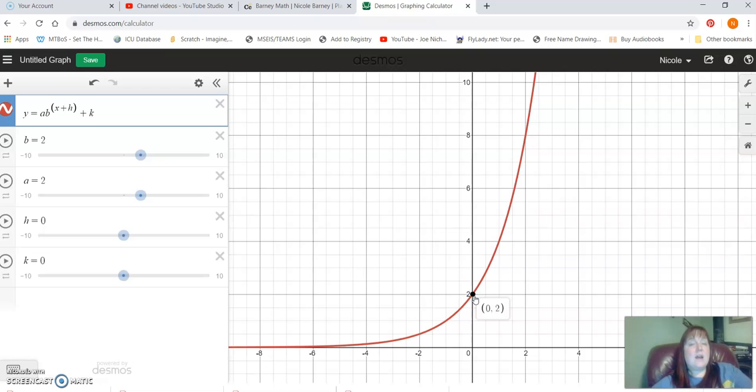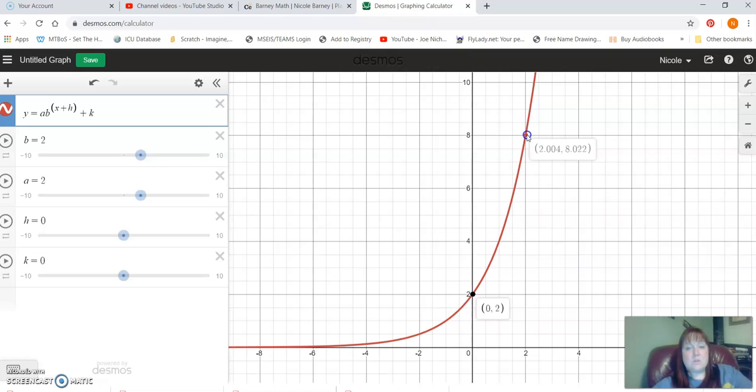Okay, because if I start out with 2 bacteria and I double them 0 times, I still have 2 bacteria, right? Now, what if I start out with 2 bacteria and I double it 1 time? Well, now I have 4. What happens if I start out with 2 bacteria and I double it 2 times?